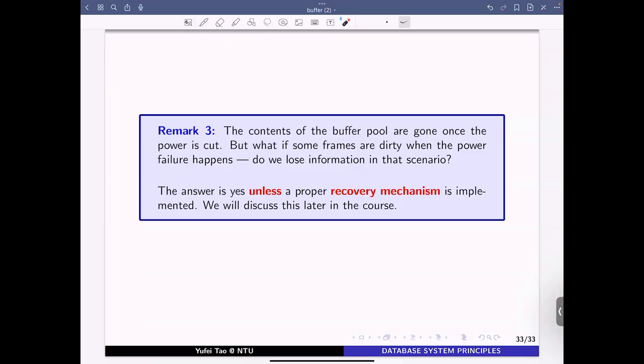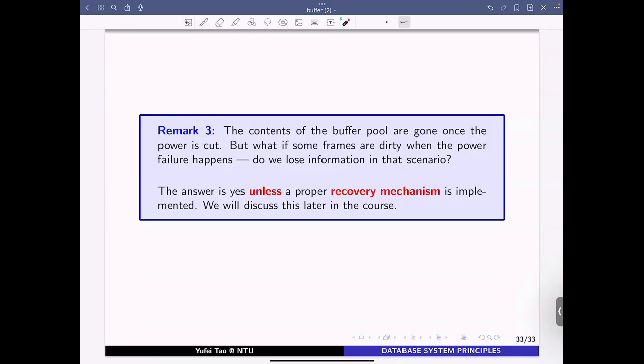If you just leave the information in main memory, bad things can happen. So this creates a non-trivial issue. You can do buffering, but you also have to do something else in order to protect the information.